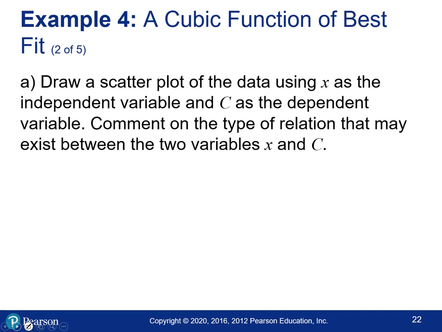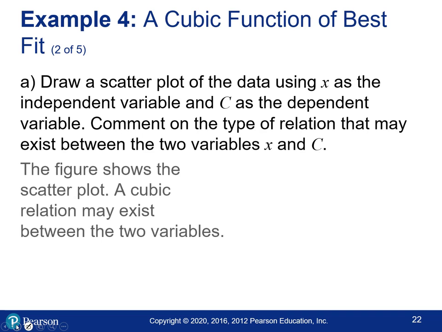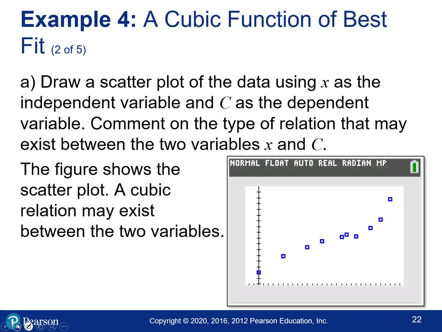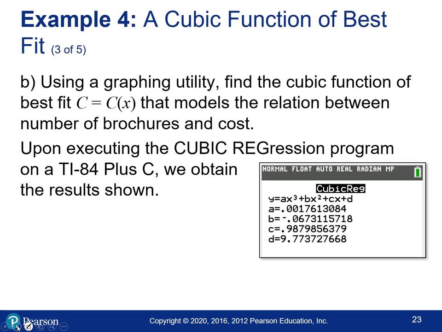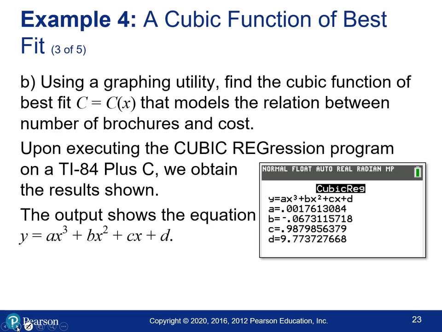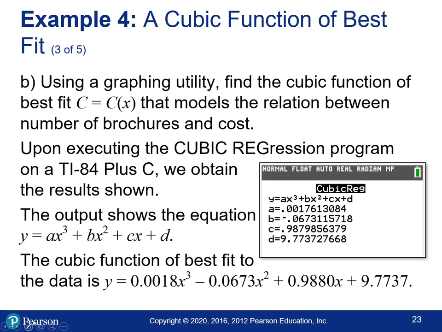Okay, so we're going to draw a scatter plot and then talk about the relation, and it's going to be a cubic function. I'll do that in Desmos as well, but this image is from a TI-84 calculator. From the calculator it gives us a cubic regression for that graph, and this is the best cubic function, the best fit.